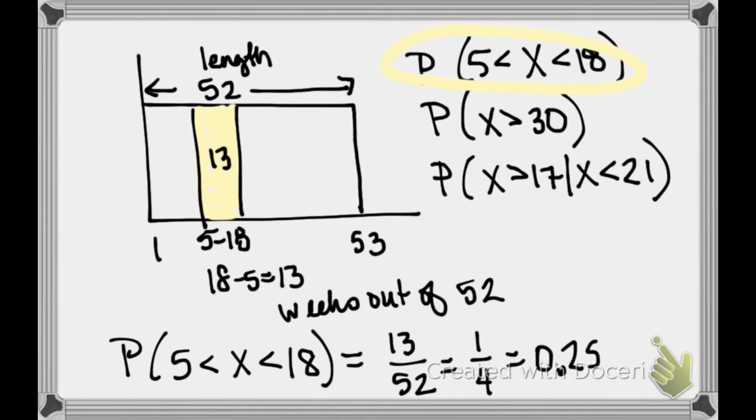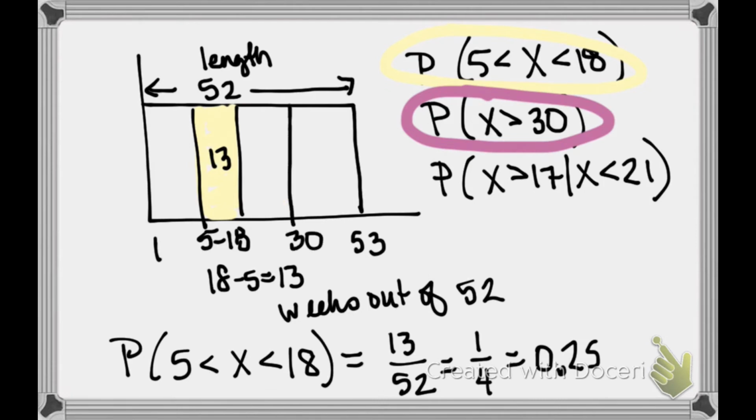The next one is, what's the probability that x is greater than 30, that it's after the 30th week? So I'll just go ahead and plug in 30 there, then that's the part of the whole of 1 that we want to find. This is 23 weeks long, 53 minus 30.